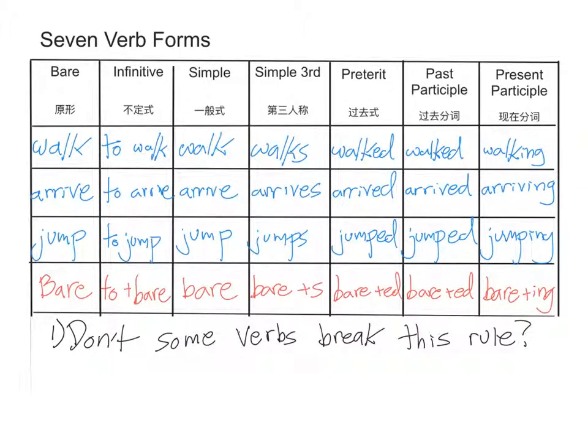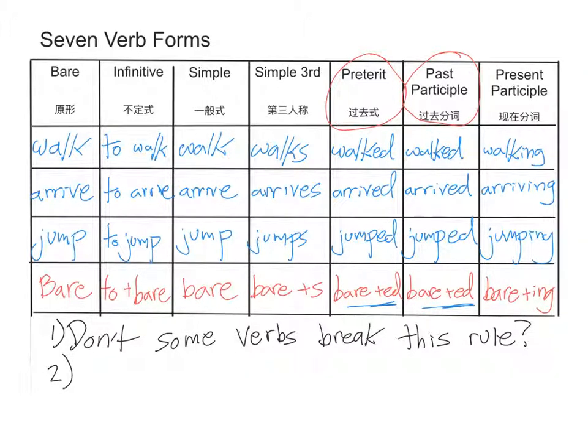The second question that my students ask often comes when they look very closely at the preterite form and the past participle form. And my students will notice that they are the same. It's just the bare form plus ed.